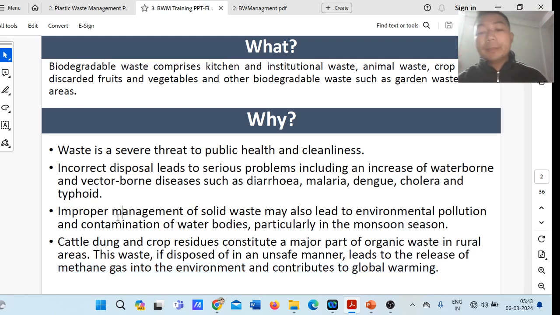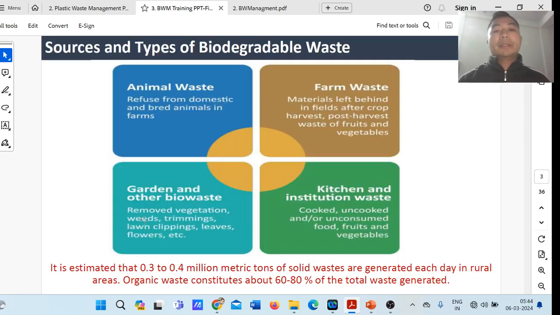So not only health, but the improper disposal of solid waste, biodegradable waste, may in turn release methane gas, which is the main precursor for the increase of global warming also. Nowadays, global warming is one of the top topics in today's society.